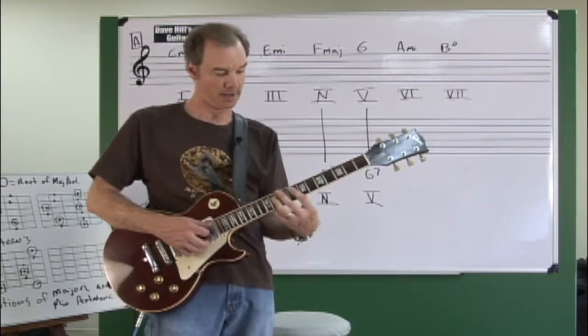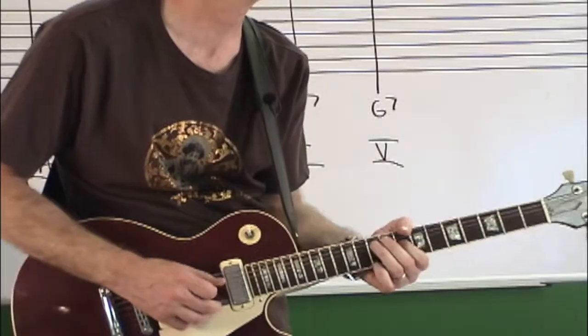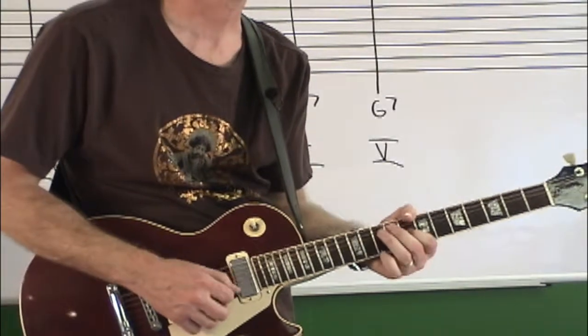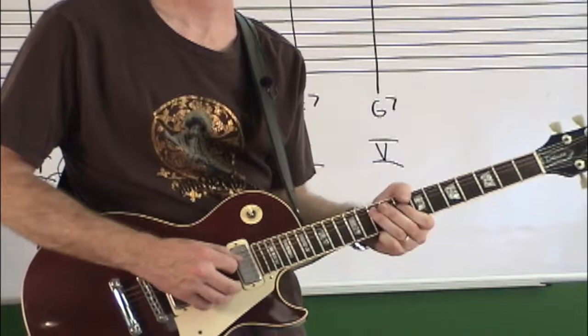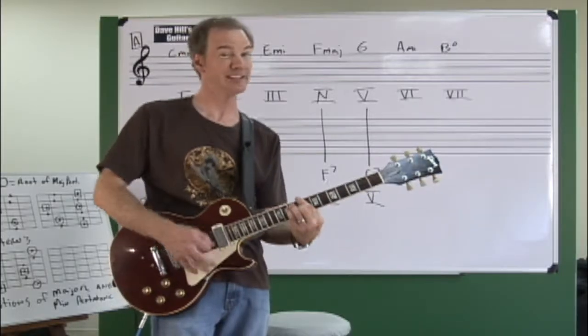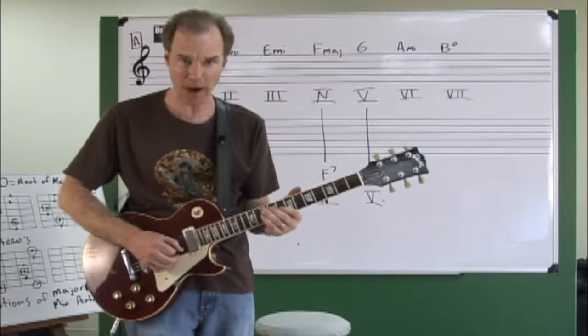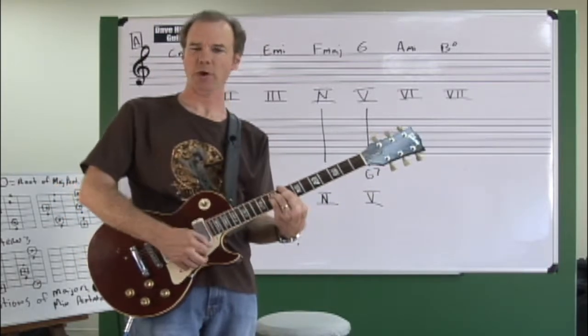You might have heard major progressions like that, but you started to hear notes like this against this. Right? That's really a definite minor third against a major chord. How does that work?